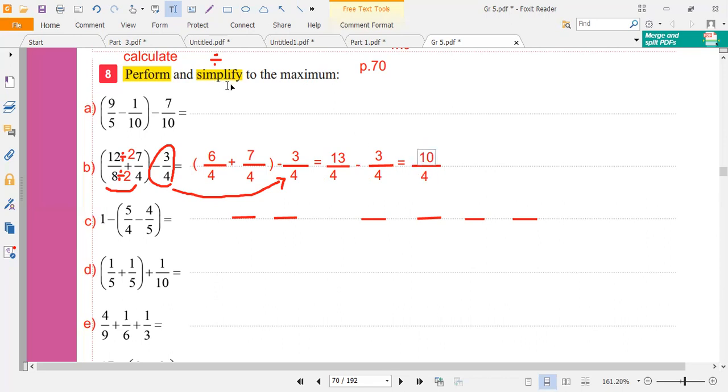We have to, if we can simplify, simplify to the maximum. Look, we have 10 and 4. So we can simplify by 2 because 10 and 4 are multiples of 2.